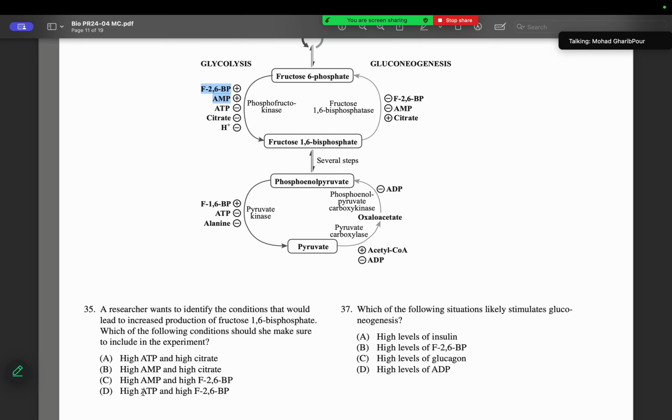We don't want ATP, not that one. So it's B or C. Citrate inhibits it, so it's not this one. This one contains both of them, AMP and this guy, fructose 2,6-bisphosphate. Okay, so it's C.